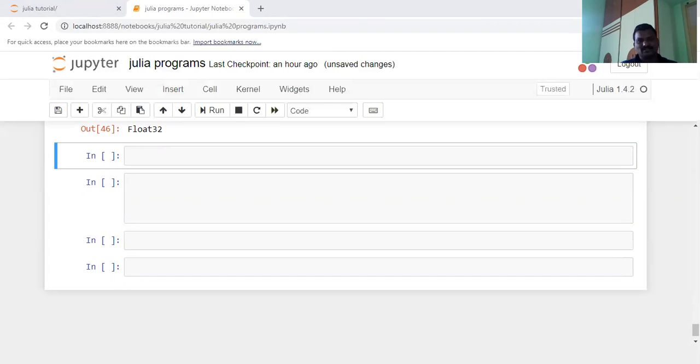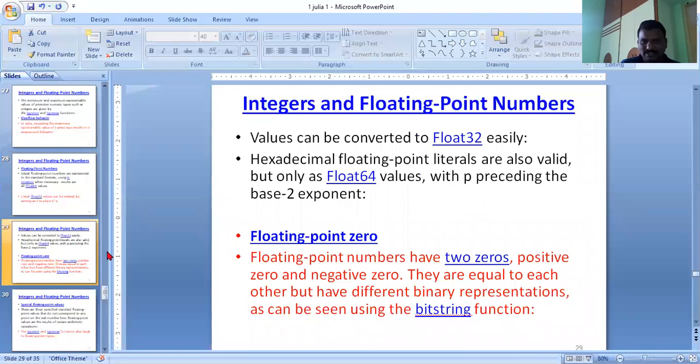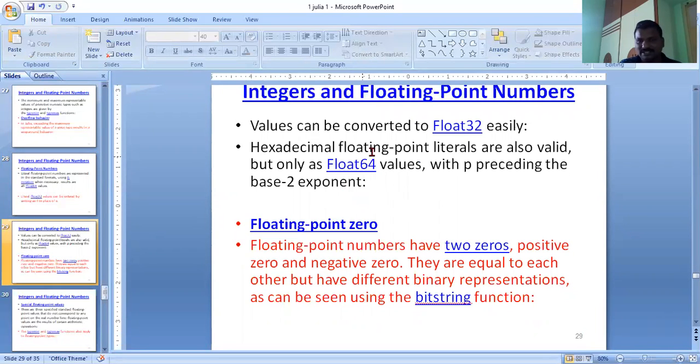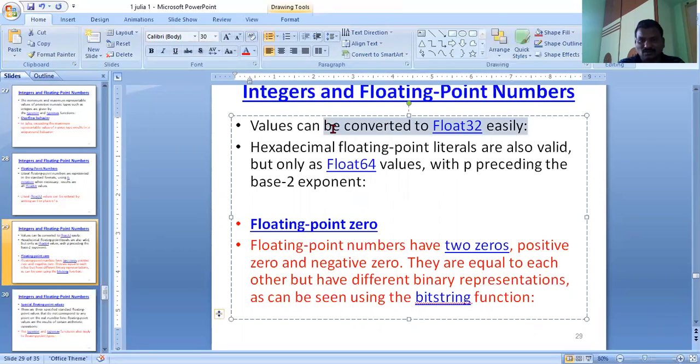Here the values can be converted to 32 bit easily, any type of simple values. Another important point in this case, the values can be converted to float 32 easily. How can you convert to float 32 values?